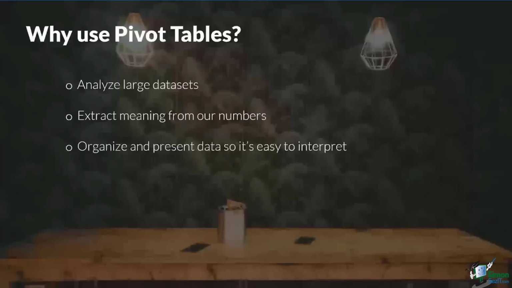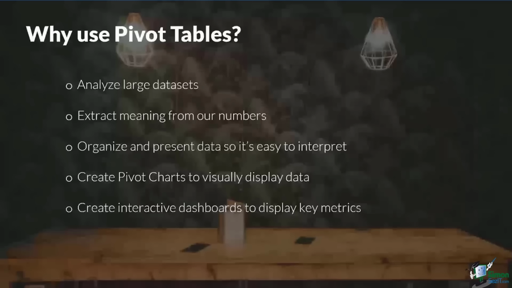And leading on from that, once we've created our pivot table to analyze our data, we can then make it even easier for people, and we can make it really visual by displaying that pivot table data in a pivot chart. And we're going to look at that as well today. And then if you want to really take it a stage further, we can start doing things like creating interactive dashboards to display key metrics.